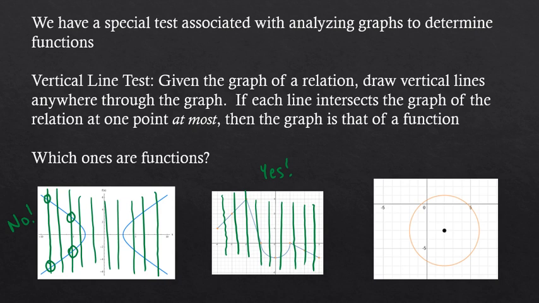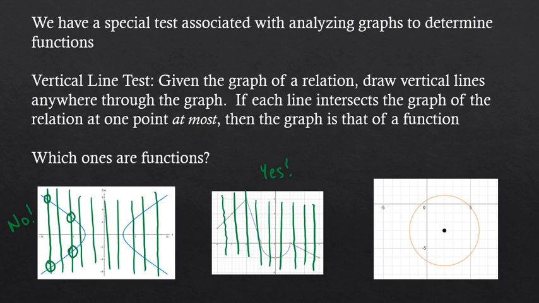Try the third one on your own. Should not be too hard, should not take too long to arrive at the appropriate conclusion, but nonetheless, try it on your own. Use the vertical line test to see if this thing is going to be a function or not. So press pause, try this on your own.